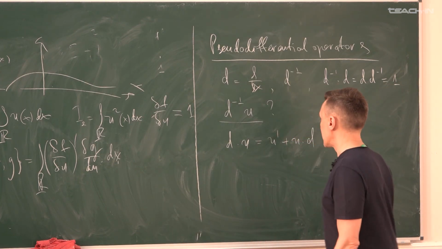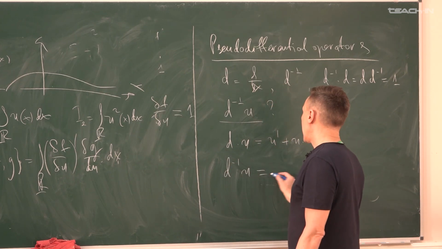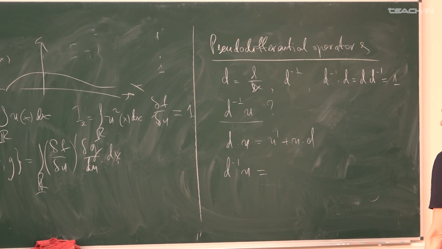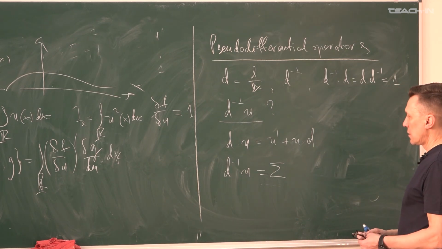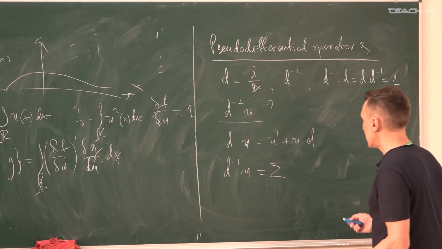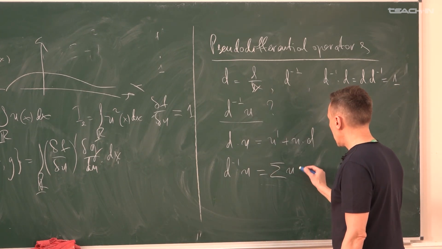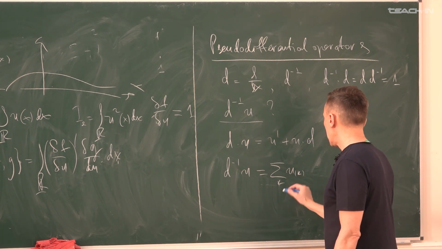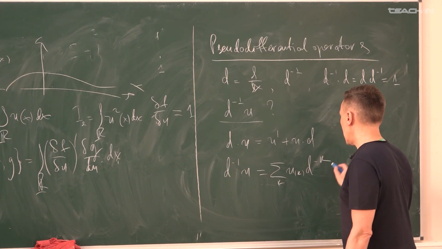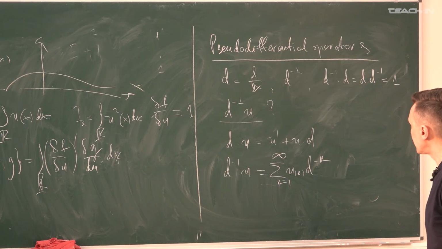How to calculate this? I'd like to write d minus 1 u as a sum of u k d to the minus k, k from 1 to infinity.